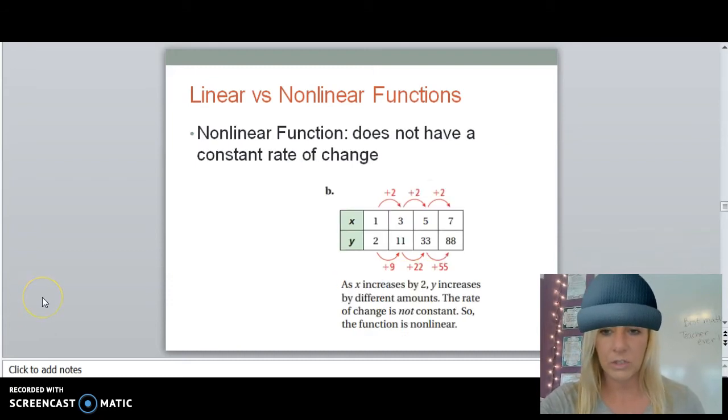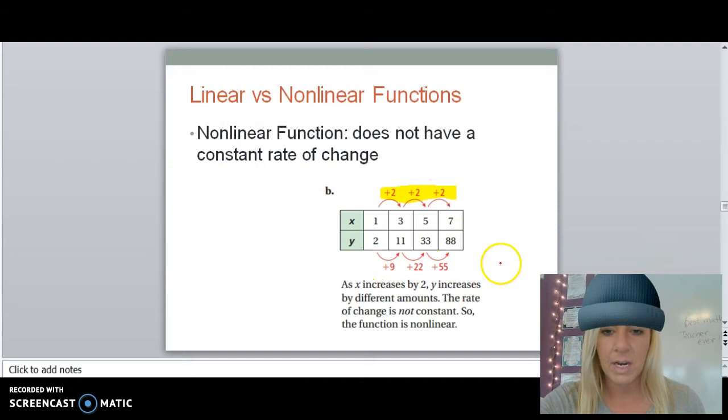On a nonlinear function, the rate of change between the two is not constant. Looking at our x values, our input values: 1 plus 2 is 3, 3 plus 2 is 5, 5 plus 2 is 7. So our x values change by a constant amount, but our y values: 2 plus 9 is 11, 11 plus 22 is 33, 33 plus 55 is 88.